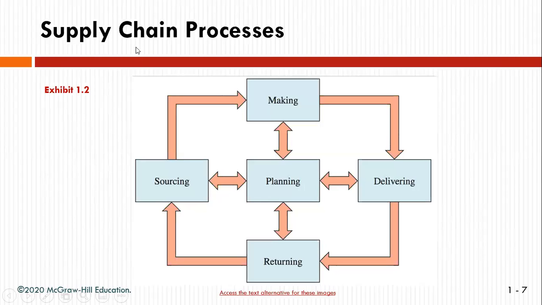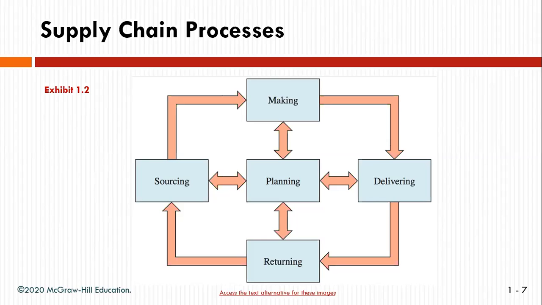So the whole supply chain process is, first, you start probably in the middle with the planning, and there is a planning for making the product. But before you plan making a product, there is a planning for how you get the sourcing.